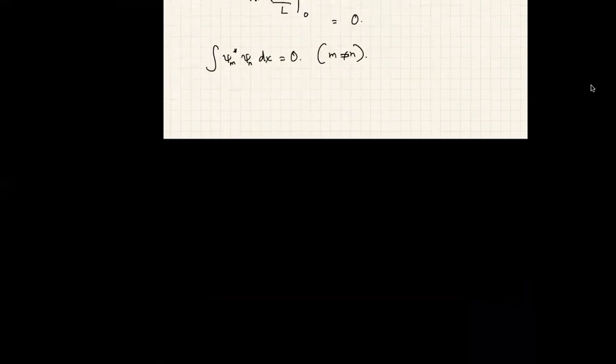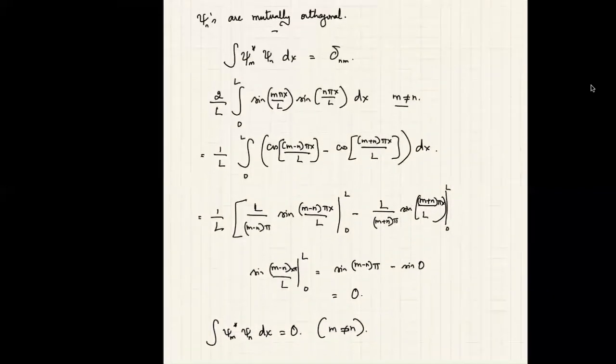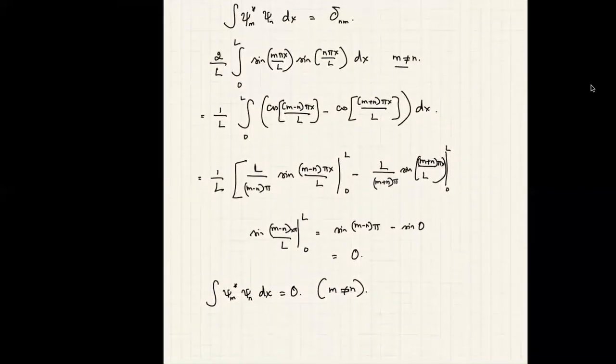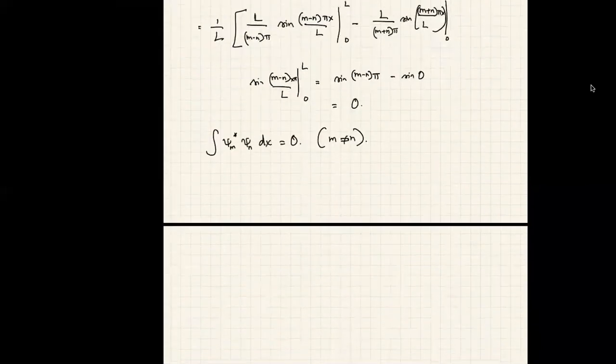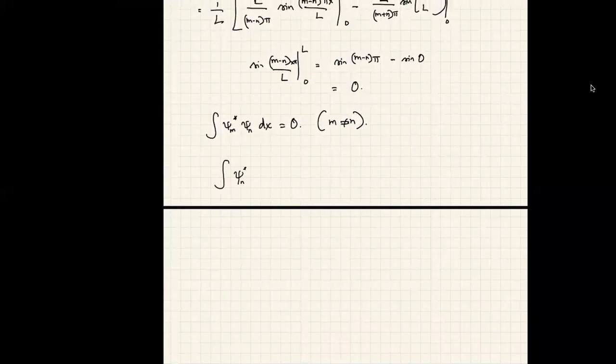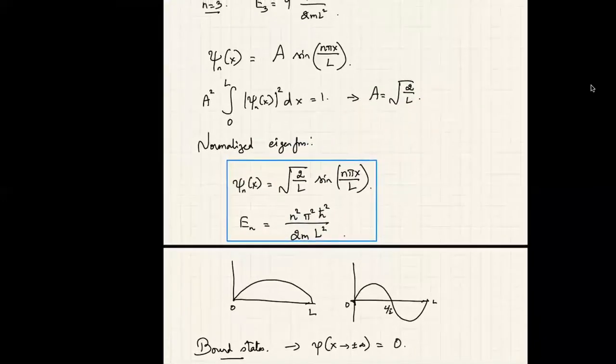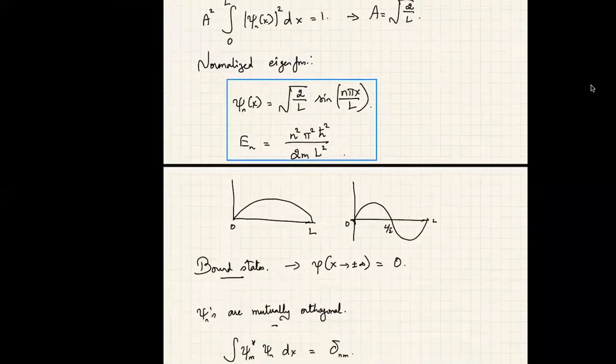Now, if n equals m, you have to do the calculations slightly differently. You cannot simply put m equal to n at this stage. You have to first start by assuming that m equals n. So let us look at integral psi n star psi n dx. But you already know what this is, because you have used the fact that integral psi n star psi n dx is 1 to determine the overall coefficient A. This is just the total probability that the particle can be found anywhere inside this box.